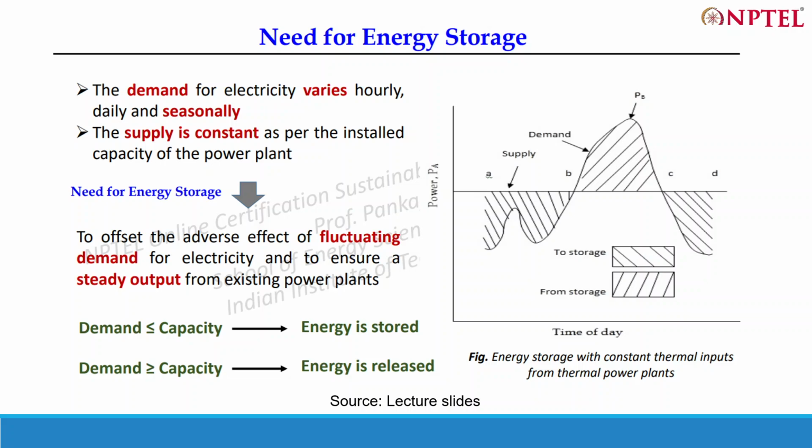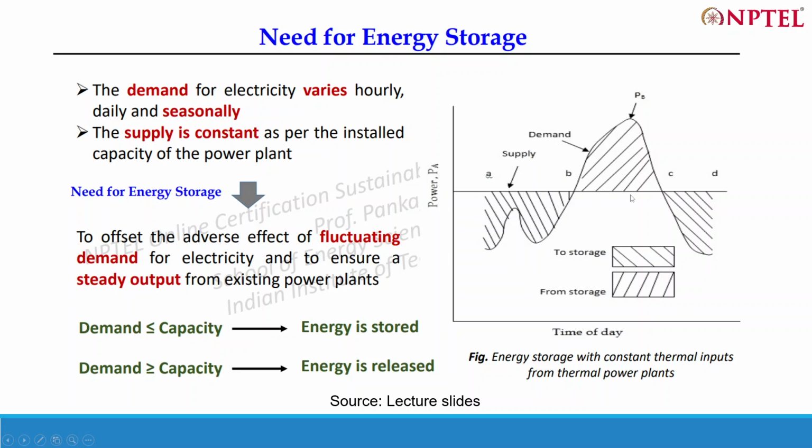If you see the demand supply curve, the supply remains constant. Take a coal power plant, which has steam turbines and everything. If it has a capacity of 250 megawatts, with some losses, 240 megawatts are getting generated at a constant pace.